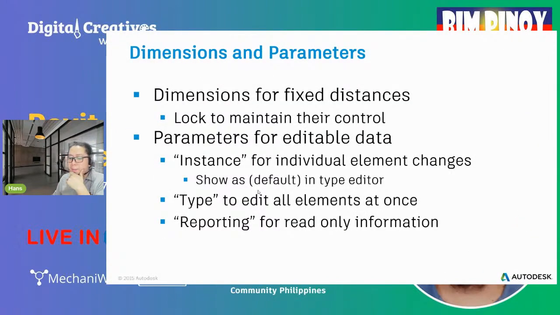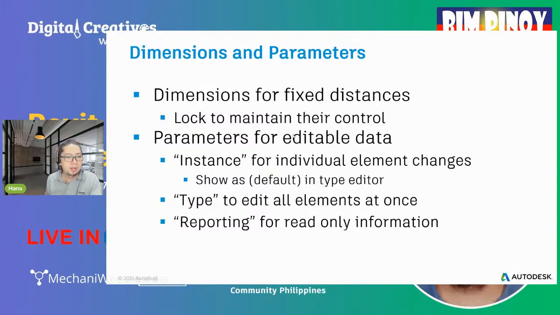And next is dimensions. When we talk about dimensions, these are the distances, and sometimes you have to lock them to maintain your control. Sometimes you don't need to. Parameters are for editable data. Instance is for individual element changes, and shows as default in the type editor. And then type, reporting.